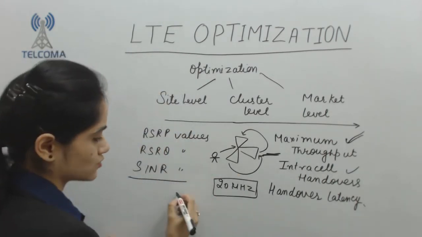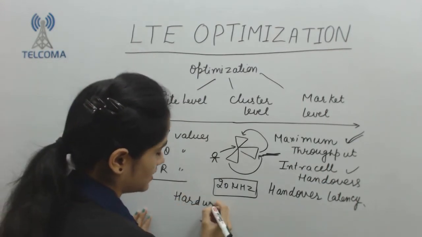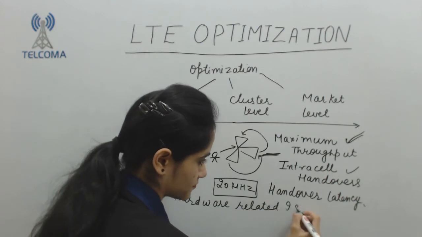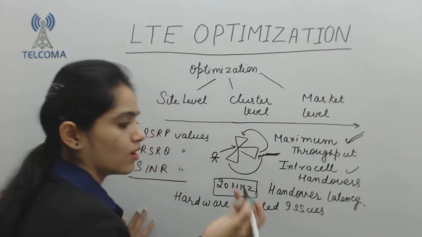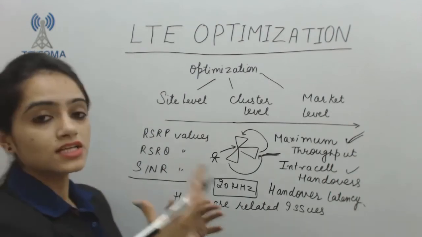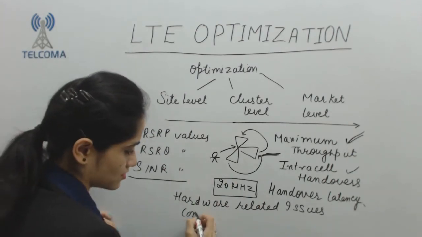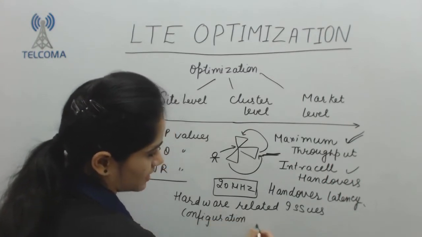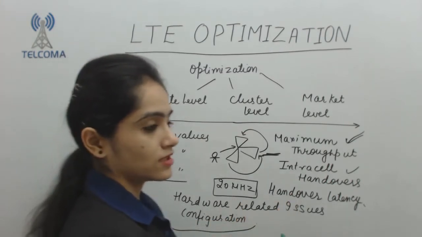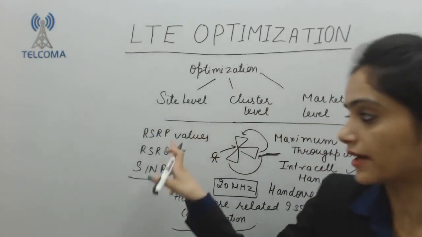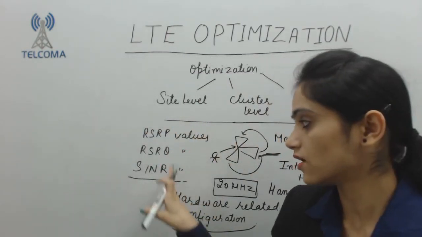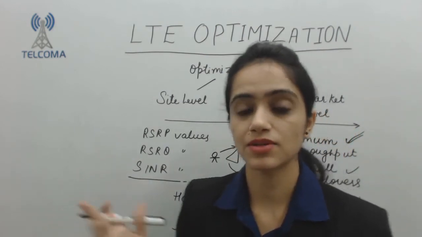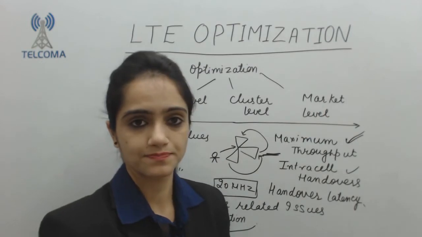The optimizer has to find out all hardware related issues, or any issues related to configuration. If the KPI values are in range, this is okay. But if the values are not that good, we require to optimize this site.